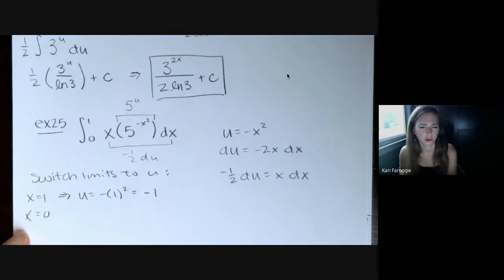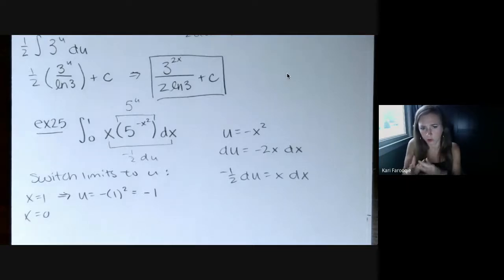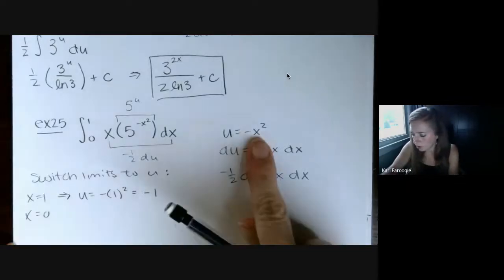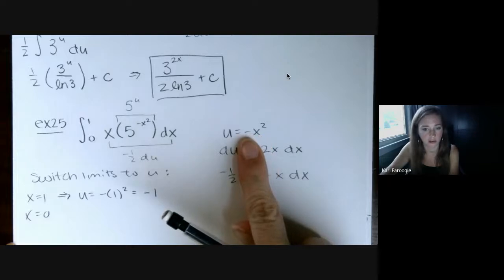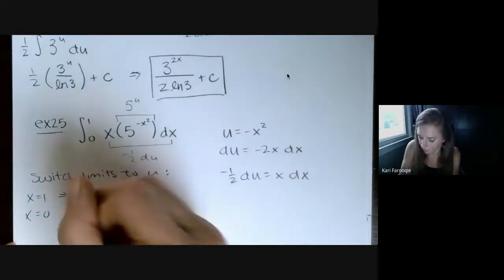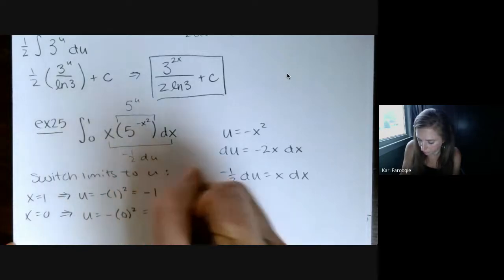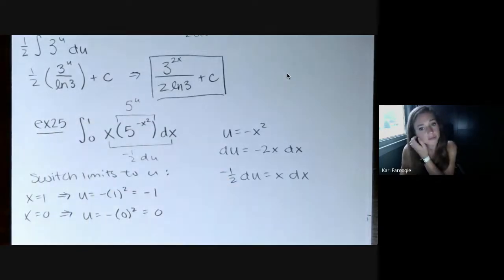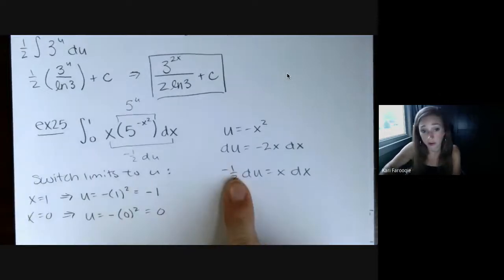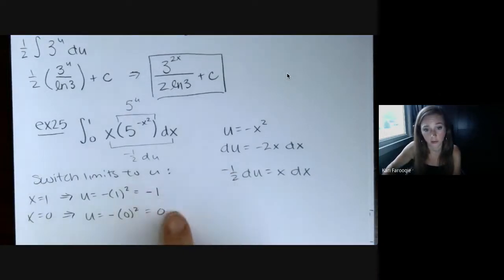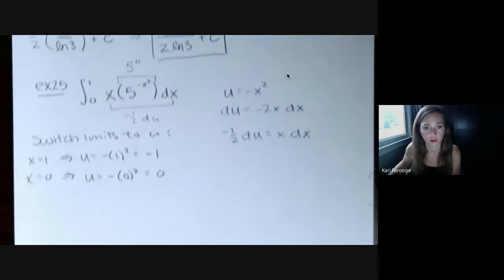Whatever you do, don't say that this is negative 1 quantity squared. The 1 is the part that's being squared, and the negative stays out front. And because we have this negative du, you're seeing that the order of your limits of integration is reversed.